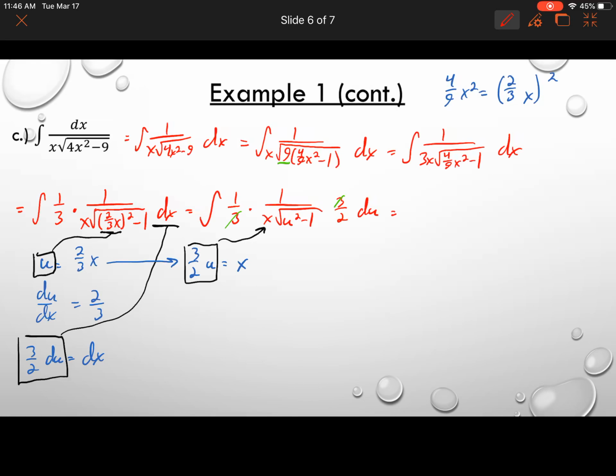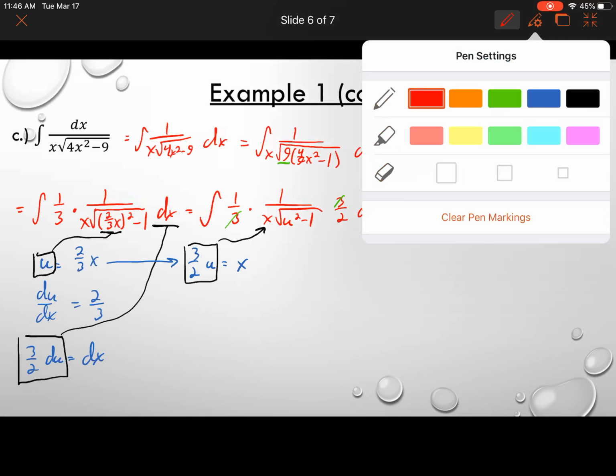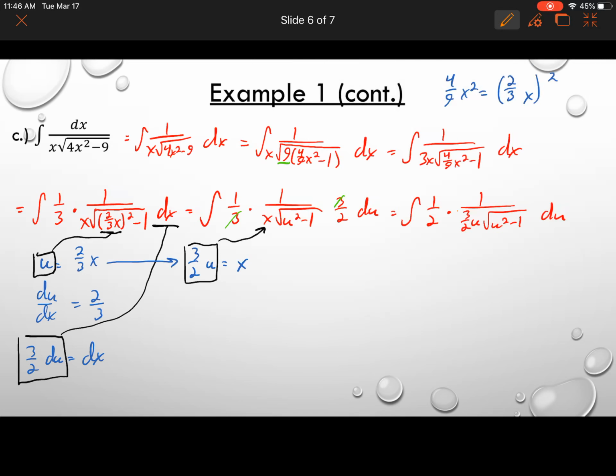All right, so let's see what we have here. We have the integral 1/2 times 1 over, so x is now 3/2 u, radical u squared minus 1 du. If you notice, we have division by 3/2 here, which is the same thing as multiplying by 2/3.